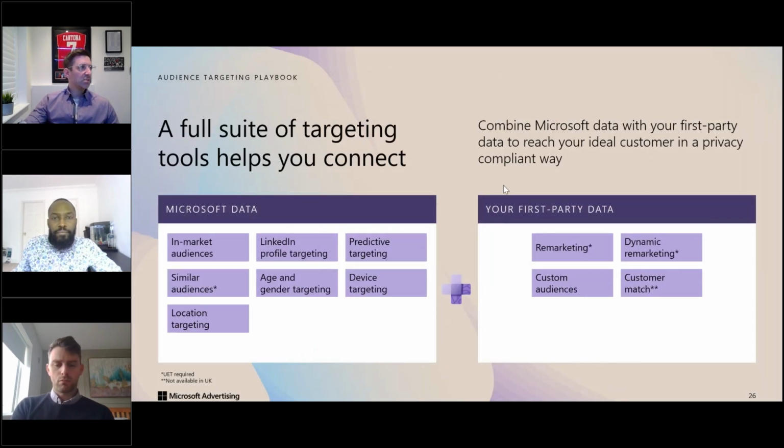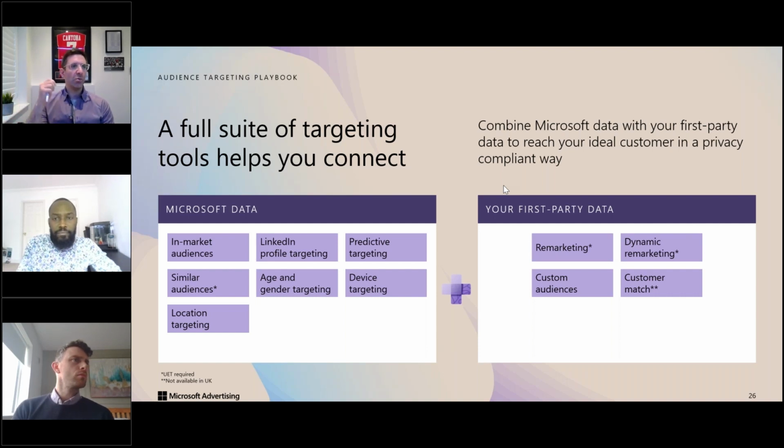In terms of targeting tools, you can combine Microsoft data with your own first-party data to achieve success and reach those ideal customers. Privacy is a human right, as our president says, and we really treat it very seriously.